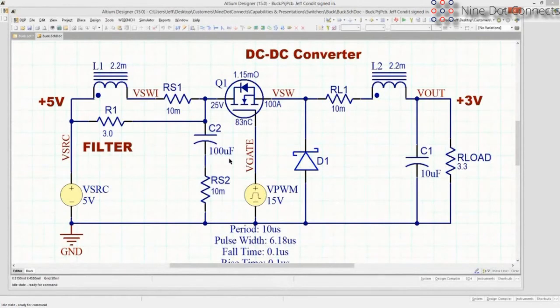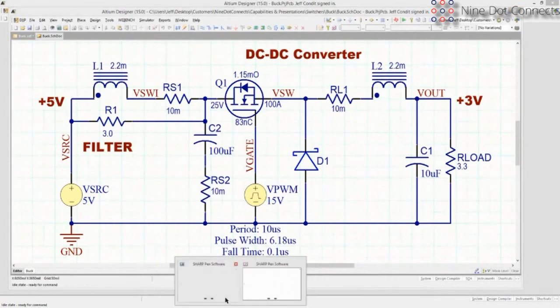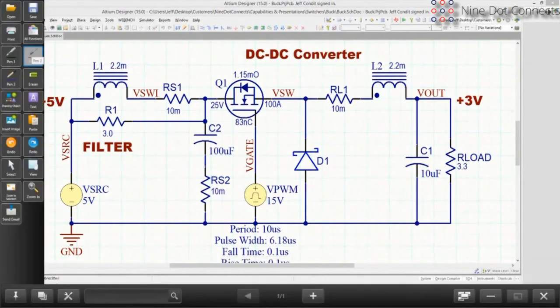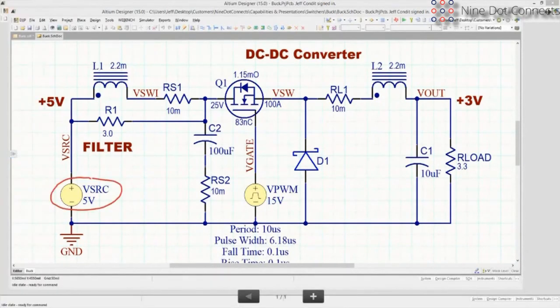So let's talk about this a little bit. Let me make sure I can get my drawing tool up and over the top of this. What ends up happening is we start with a voltage source. The voltage source itself is variable in some cases. In this case, I haven't implemented a feedback system in here to try to regulate the input based on how the voltages in and out work.